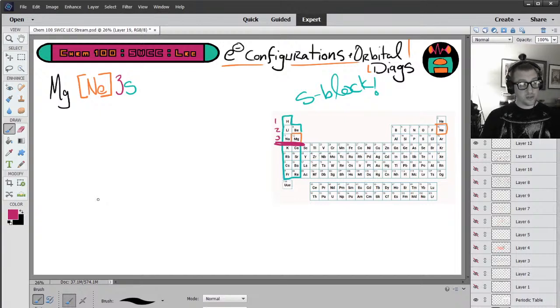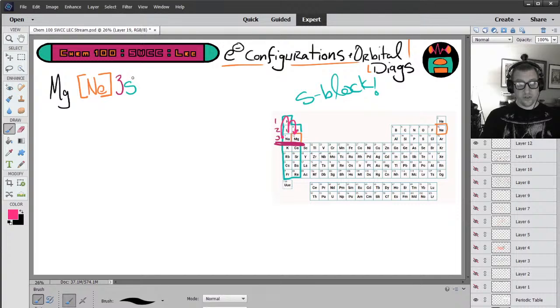But what about the electrons? How many electrons are in its 3s subshell? I'm so glad you asked. What you do to find the number of electrons in your subshell is start at the very edge of the periodic table and count your way over to the element in question. 1, 2. Magnesium is 2 spaces in to the 3s subshell.